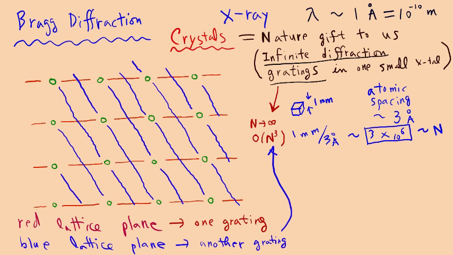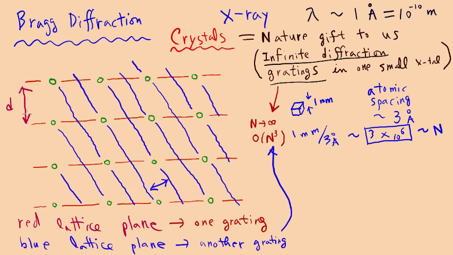So now let's look at the two lattice planes that we made here. So let's say this is D. And then for the blue lattice planes, this is another D. So you can see that this D is different from that D, and their orientations are different. That's the key.